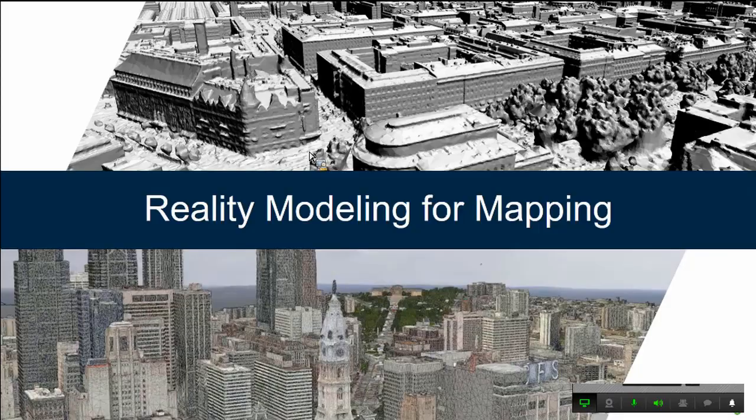For mapping, reality modeling can be applied to planning applications in urban or municipal environments. Bentley reality modeling tools allow you to create 3D models of large areas containing billions of triangles and still work with it seamlessly.